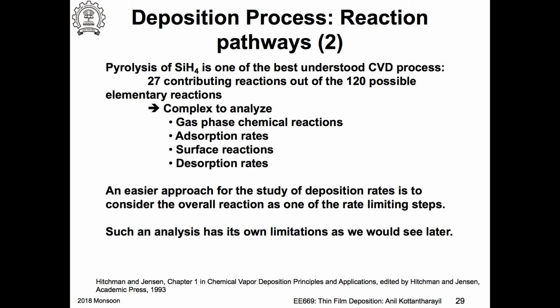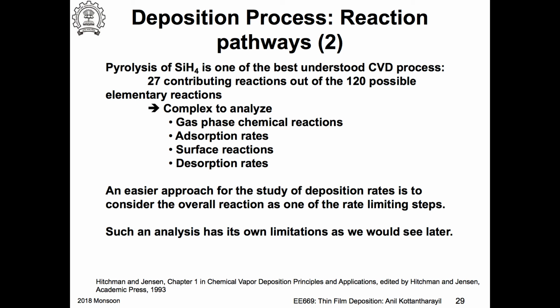So, as a consequence, the CVD deposition of silicon by pyrolysis of silane is one of the most thoroughly studied techniques, reactions. So, you can read this: 27 contributing reactions have been identified out of 120 possible elementary reactions. This means we have only looked at 3 of them, right?